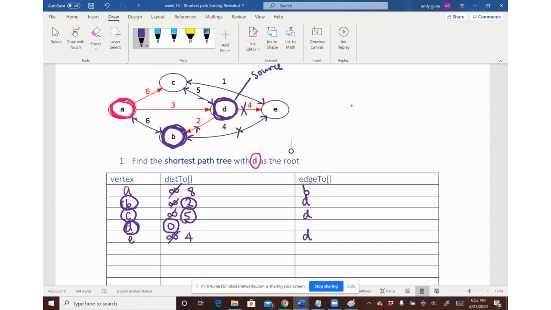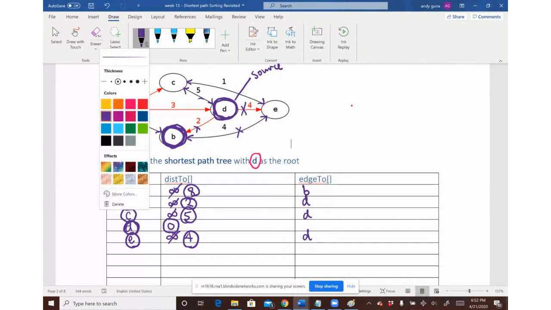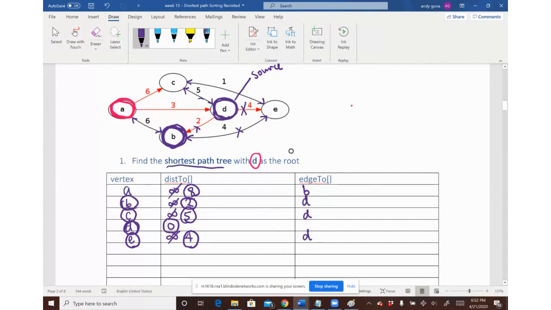Okay. So the next thing to relax would be the next minimum. That would be 4. So I take E, and since E is like a sink, nothing is going out of that. I'm done. So these are going to be the shortest distances. And if I draw the shortest path tree, it would look like this.